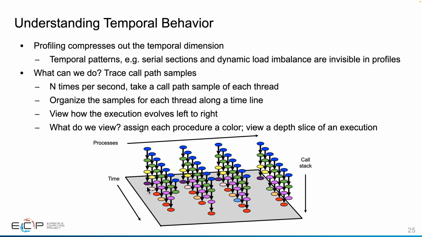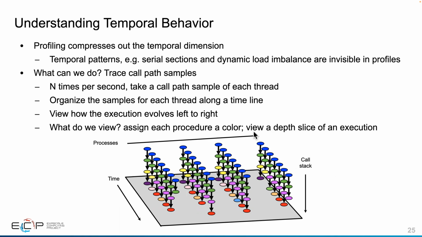For an individual thread, we have a series of samples: at t, t plus delta t, t plus 2 delta t, 3 delta t, 4 delta t, and so on. Each represents the call path that we're sampling, and you'll notice they all have blue at the top. This is the set of call path samples for a single thread, and then another thread, and another thread. We do this for every thread, MPI rank, and GPU stream in the application.